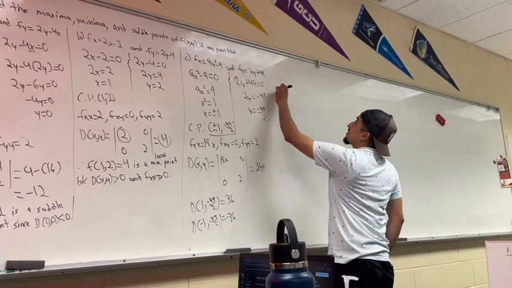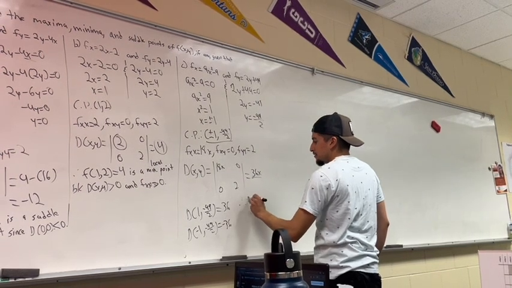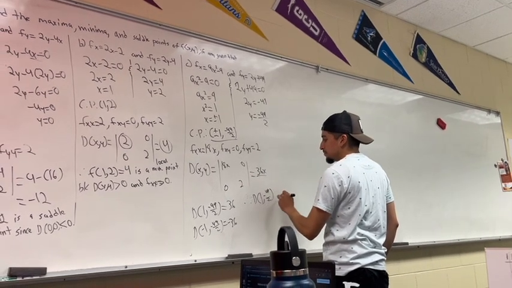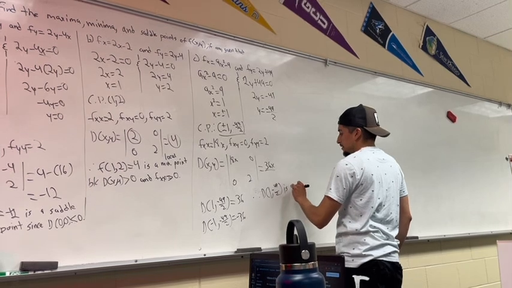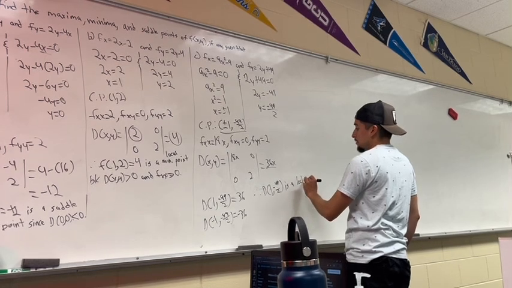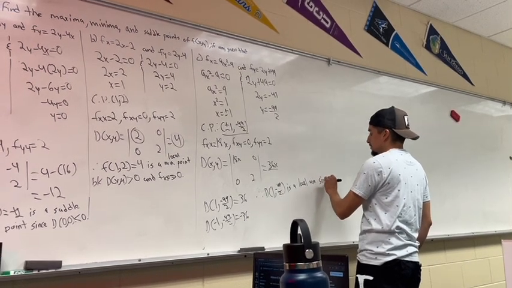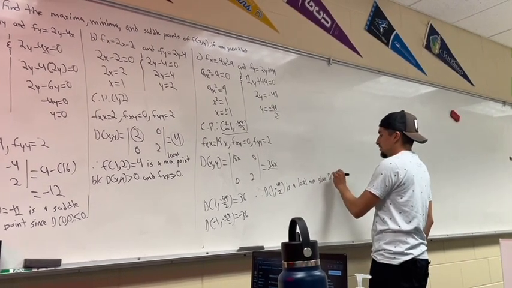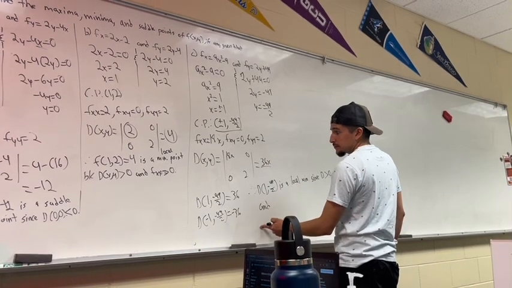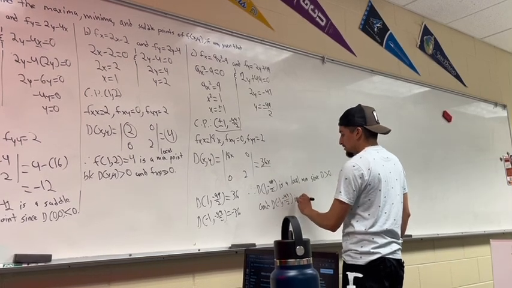So, therefore, D of positive 1, 49 over 2 is a local minimum, since its D is greater than 0, and D of negative 1, 49 over 2 is a saddle point.